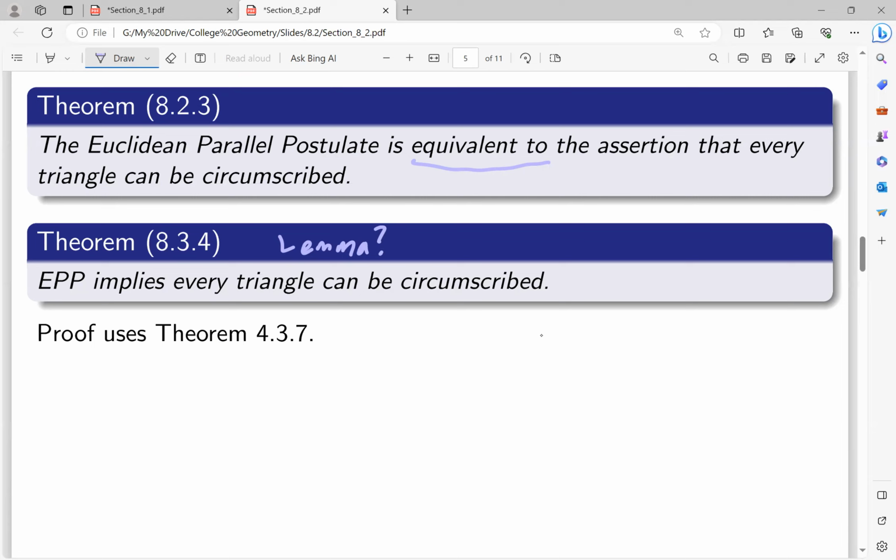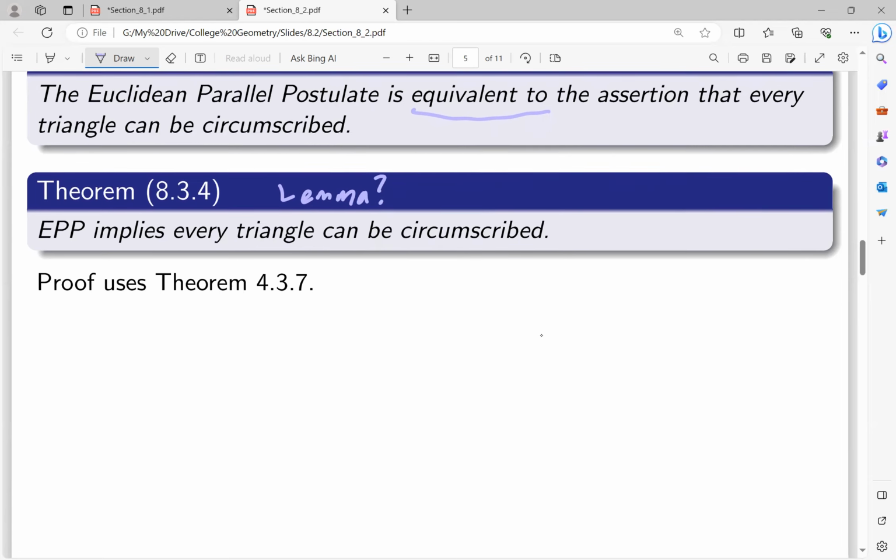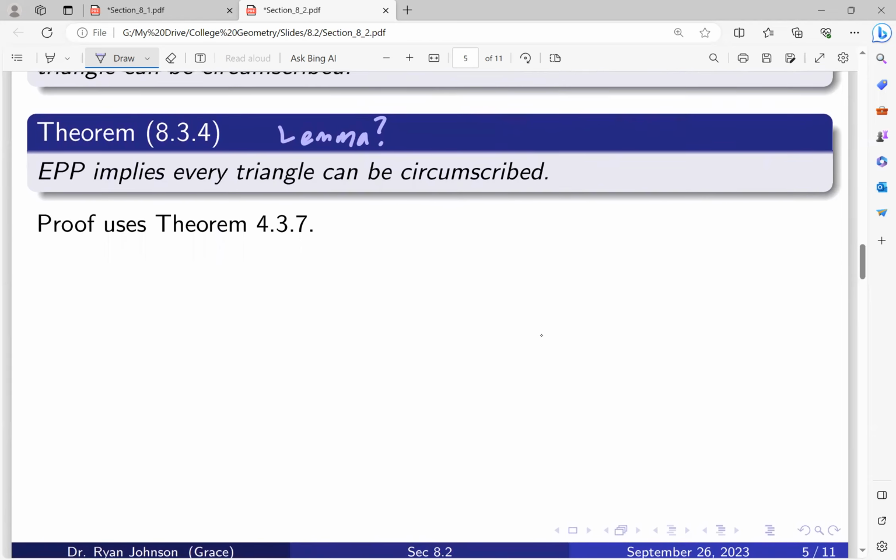So the proof that EPP implies every triangle can be circumscribed. Well, assume I have a triangle ABC, and I'm assuming the EPP holds.